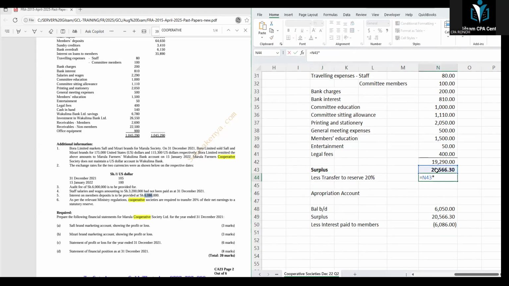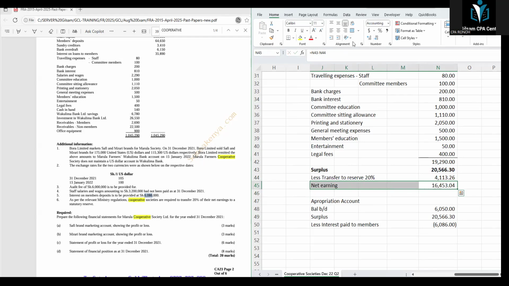So take this, multiply by 20%, and subtract to get the net earning here. If I take this minus this, I get this one. This is the one I bring to the appropriation account, not the surplus itself.